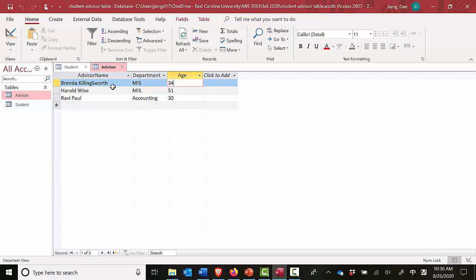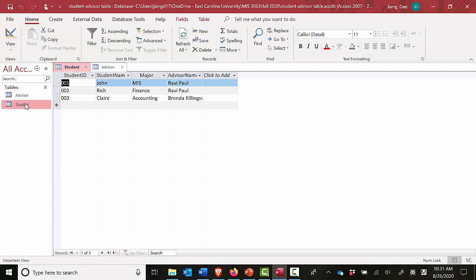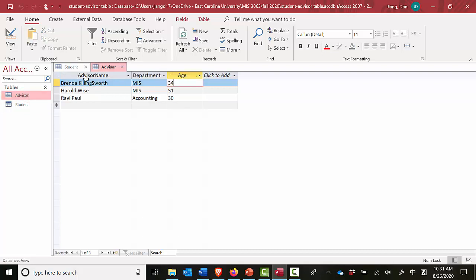In other words, both tables have the same column. Which column is it? Is it advisor name, department, or age? Yes, the answer is advisor name, right? Because student table has advisor name. Advisor table also has advisor name. So this is a column that is common to both tables.